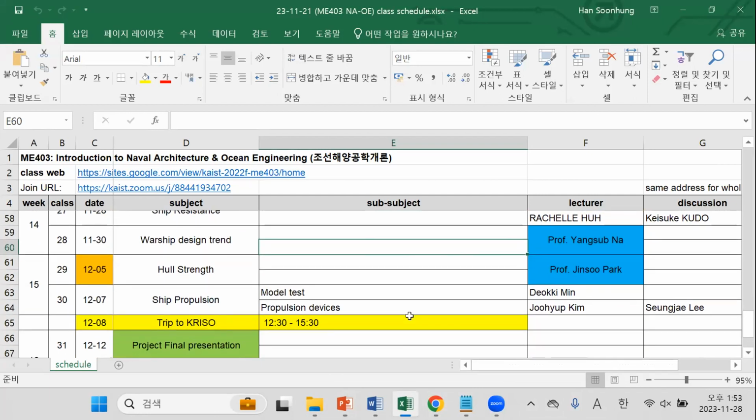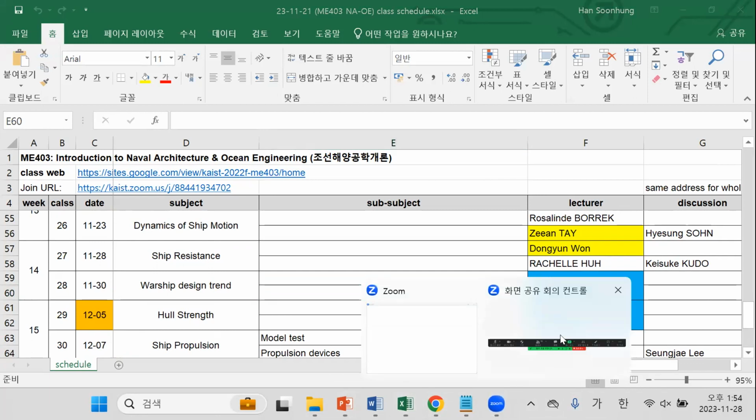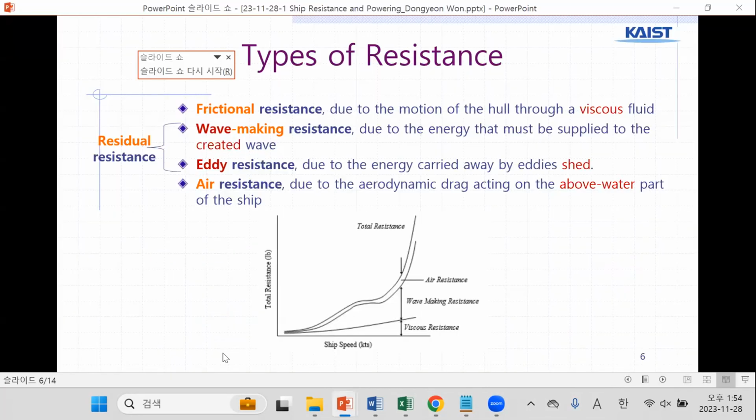Maybe on the 7th Thursday, but definitely we will see the model test at the CRISO. When Froude developed how to measure the resistance by using a towing tank experiment, he found that he can separate out the frictional part from the remaining. That's why he developed the naming of frictional and residual.